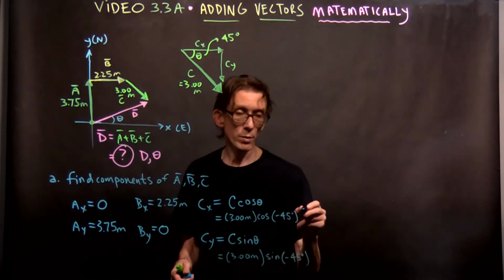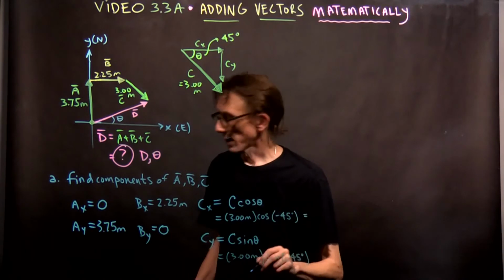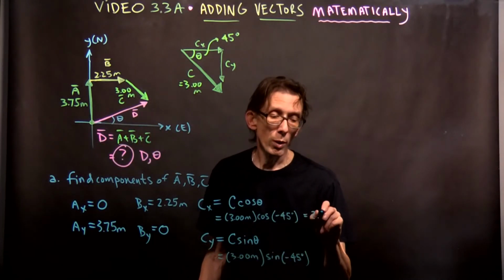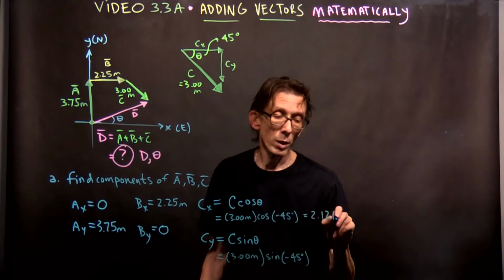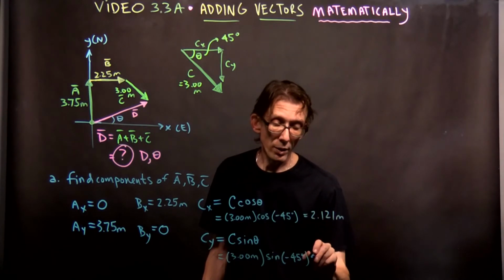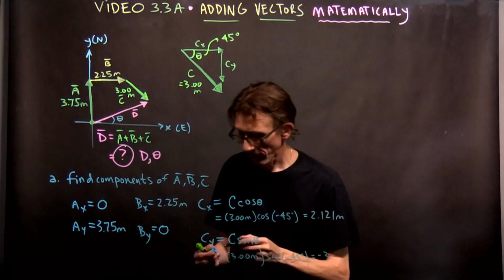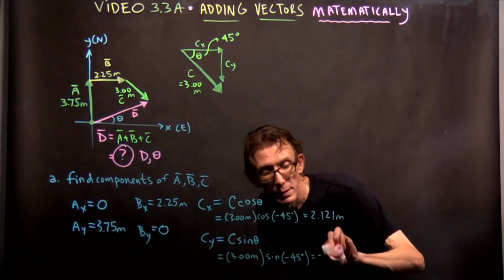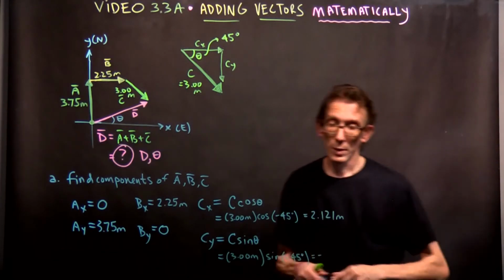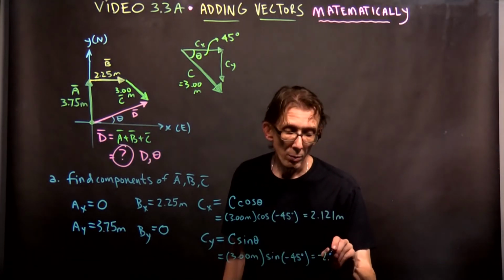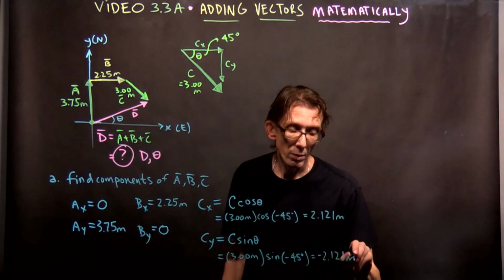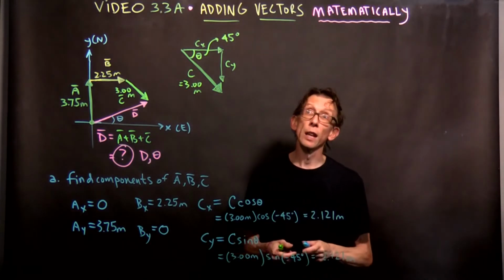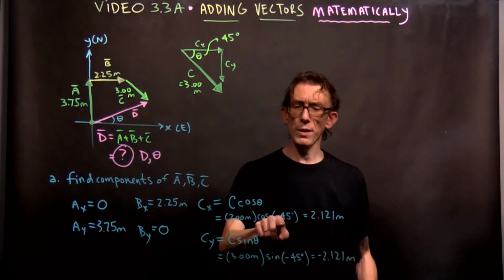And when you do this, you'll get Cx is, I think, 2.121 meters, and for Cy you're going to get the same magnitude, negative 2.121 meters.